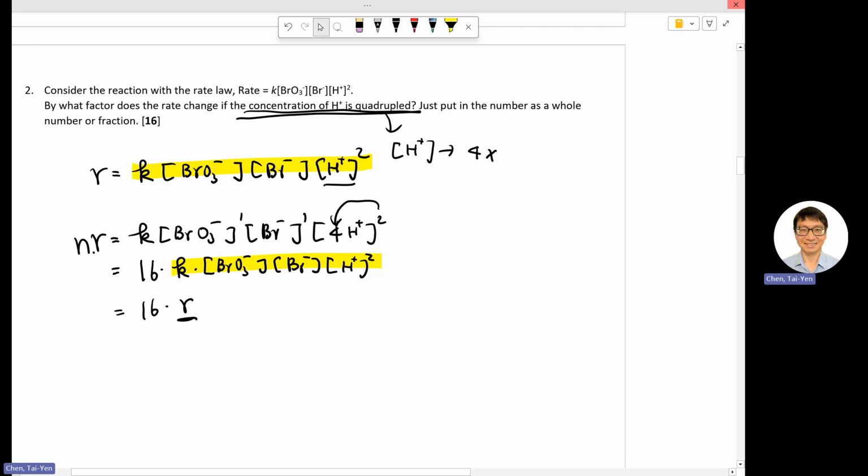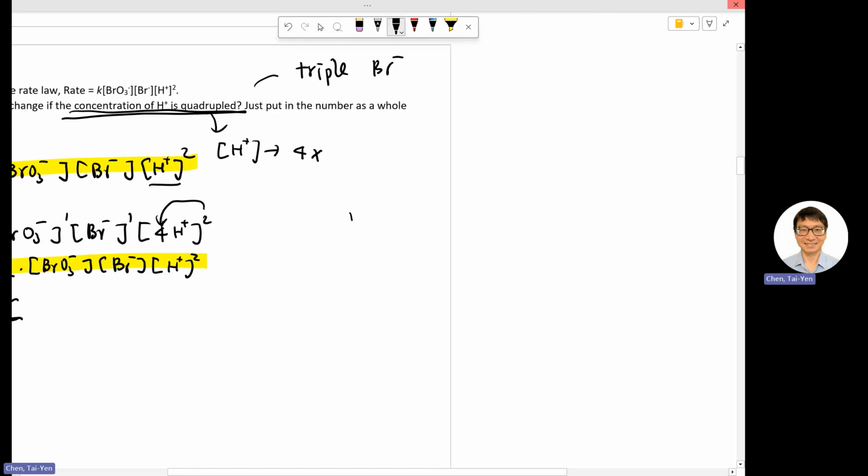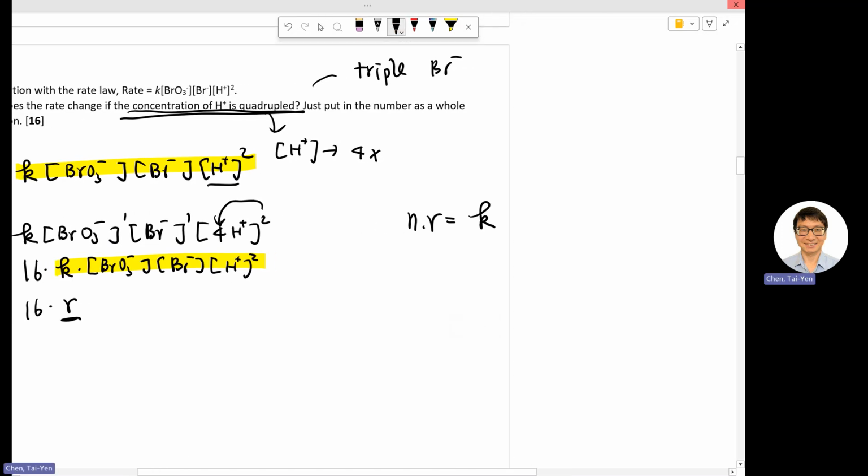Here is simple, right? Here you only change one component. What if I say I quadruple my H plus and I triple my Br minus? Assuming there's a new question that we are going to have. When you write out your new rate, it's going to equal the rate constant K, which is not going to change.